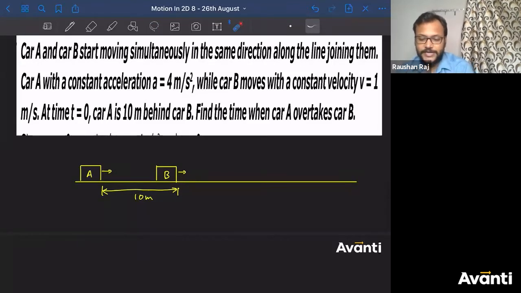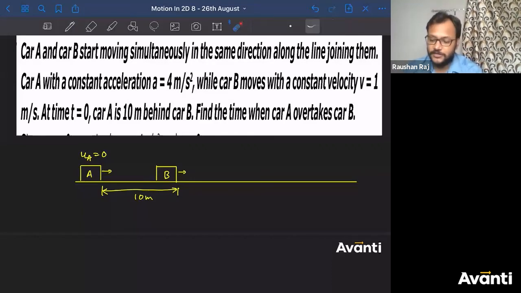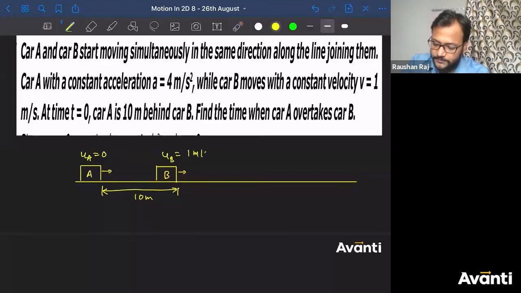Car A starts moving with constant acceleration. UA is 0. Okay, what is UB? Car B cannot have U as 0. It moves with constant velocity. So at time t is equal to 0, UB will not be 0, but it will be equal to 1 meter per second, because constant velocity will be maintained.